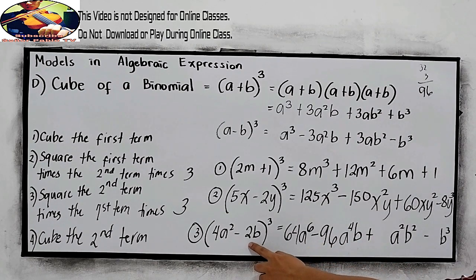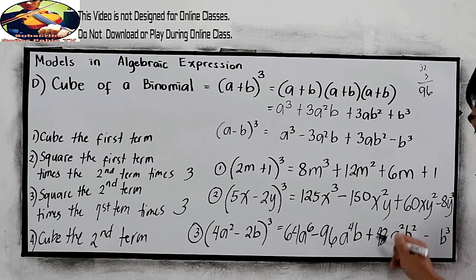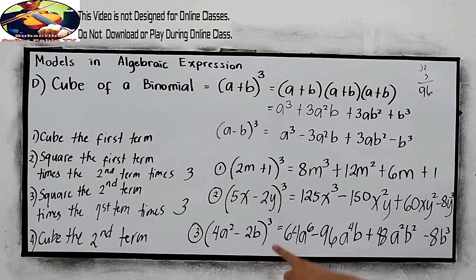Next, square the second term. 2 squared, 4 times 4, that is 16 times 3. So we have 48. And now cube, we have 2 cubed, which is 8. 2 times 2 times 2. And this will be the product.